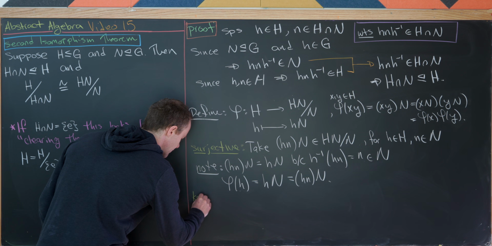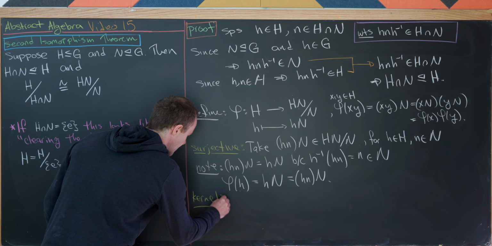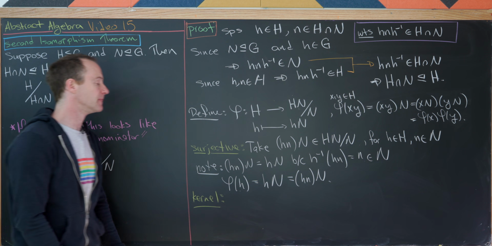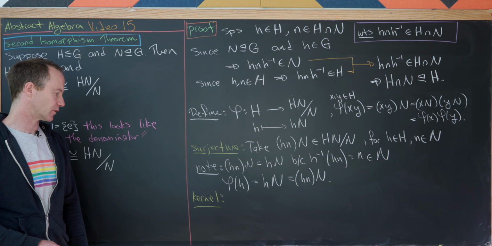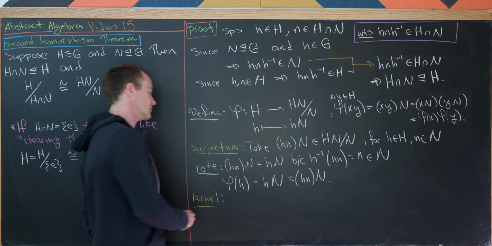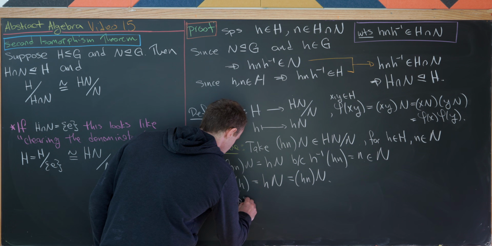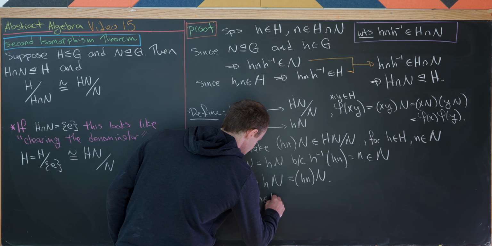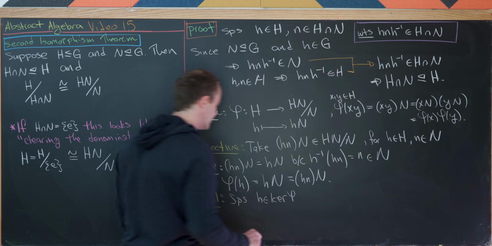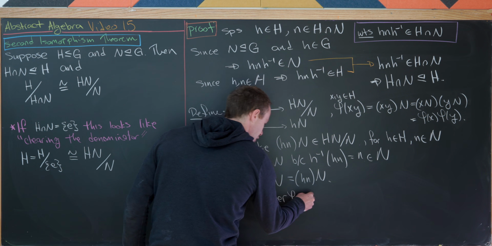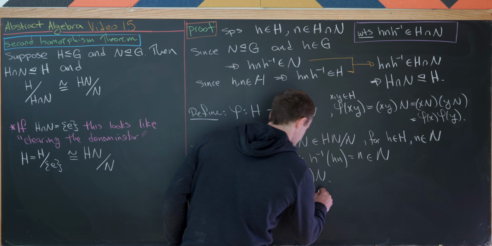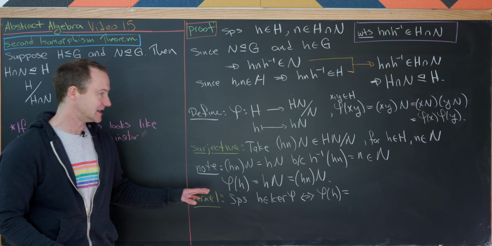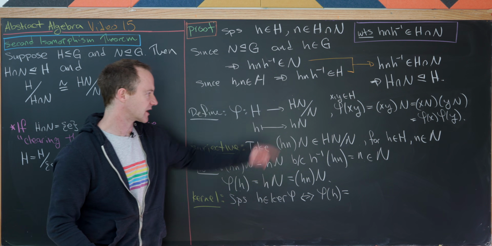And now let's calculate the kernel. Hopefully the kernel is H intersect N, and then we can apply the first isomorphism theorem. So let's suppose that we've got an h inside of the kernel of phi. That's equivalent to saying that phi of h is equal to the identity inside of the target group.